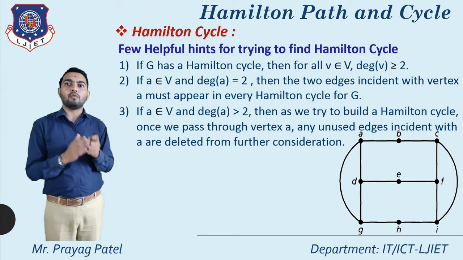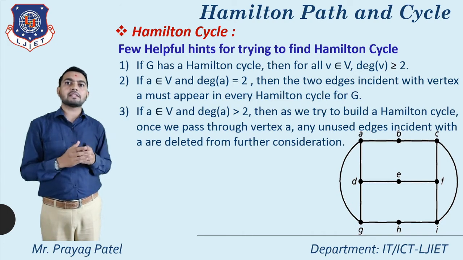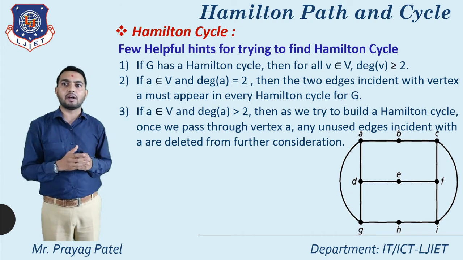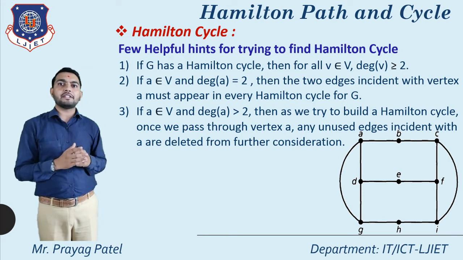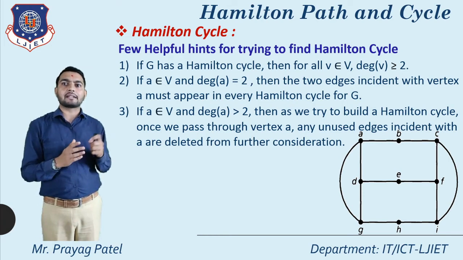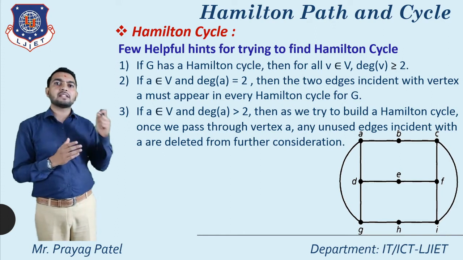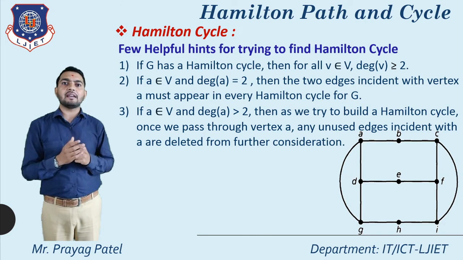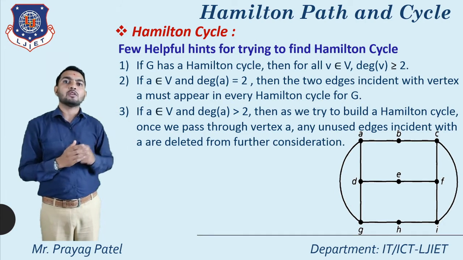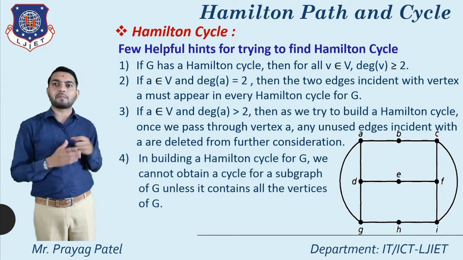If a belongs to V and degree of a is greater than 2, then as we try to build a Hamilton cycle, once we pass through vertex a, any unused edges incident with the vertex are deleted from further consideration. For example, when we visit B to C, then C to F, that means the extra edge connected with C, C to I, is removed, and we find the next path.